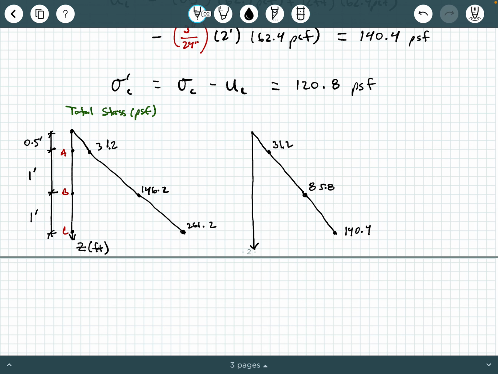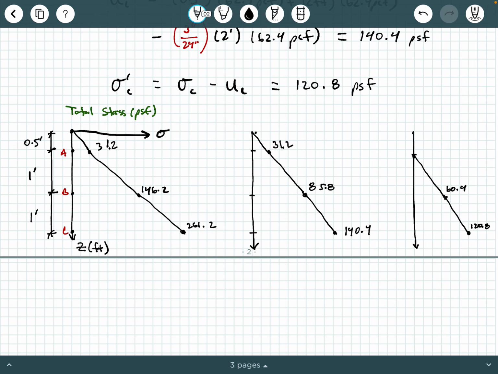And then we'll have the effective stress plot. When you have the effective stress plot, the top region of the water cancels itself out. So here's your 60.4 PSF, and then 120.8. And of course, we should label these and make these look nice and neat.